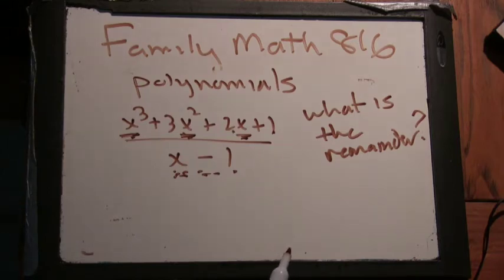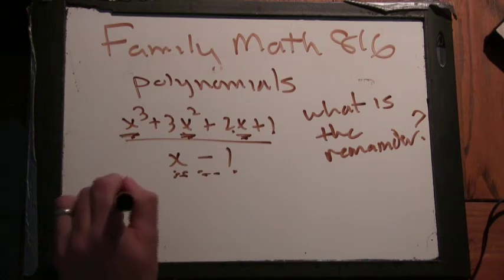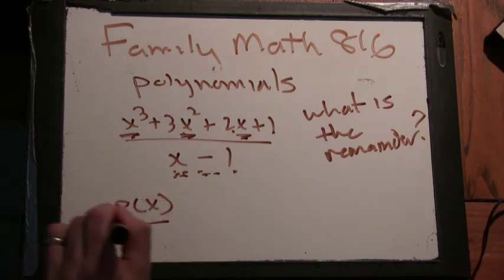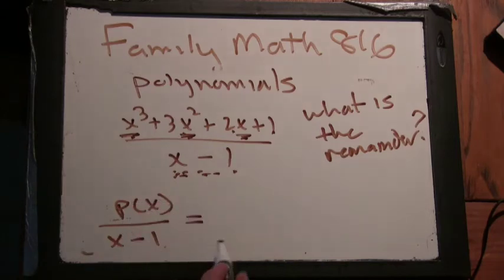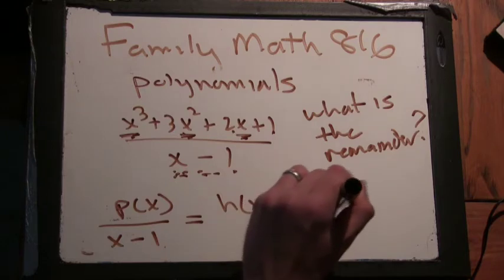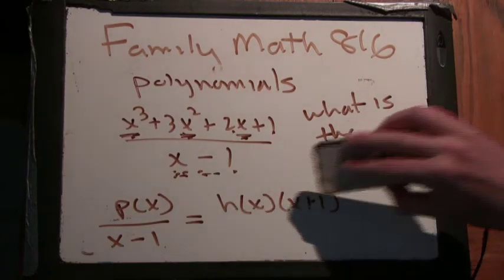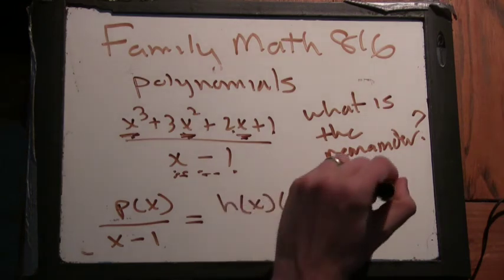But what we do is we say that our polynomial, so if our polynomial p of x is divisible by x minus 1, we want to write this as another polynomial, h of x times x minus 1, plus the remainder.